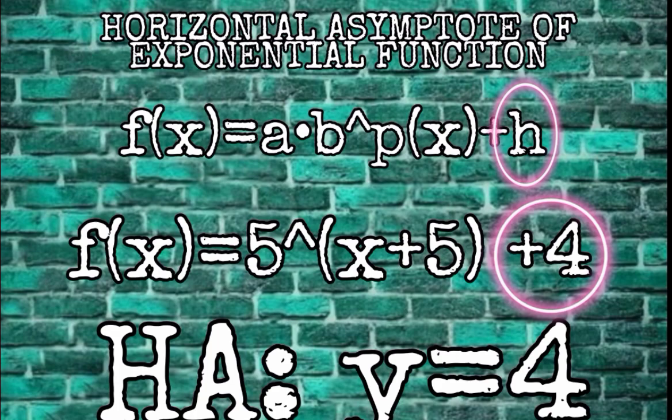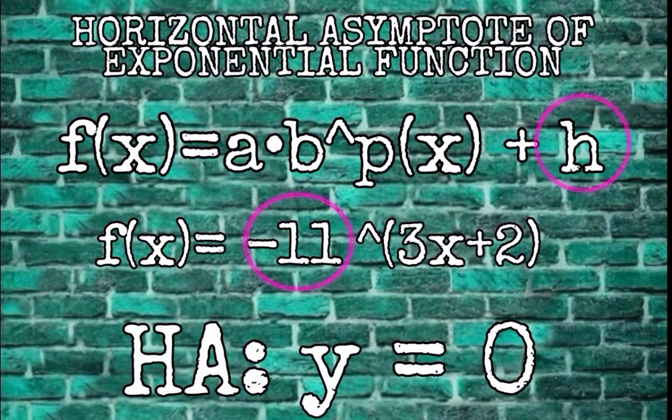Now, I want you to see this second equation that I wrote for us to learn and dig deeper into our understanding of horizontal asymptote. f(x) is equal to a times b raised to the power of (x + h), wherein f(x) is equal to negative 11 raised to the power of (3x + 2).